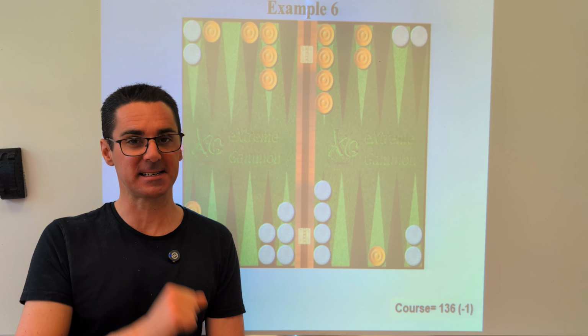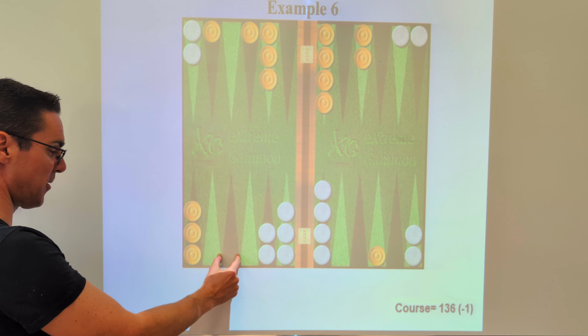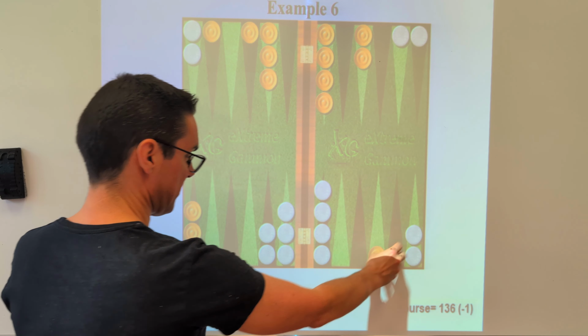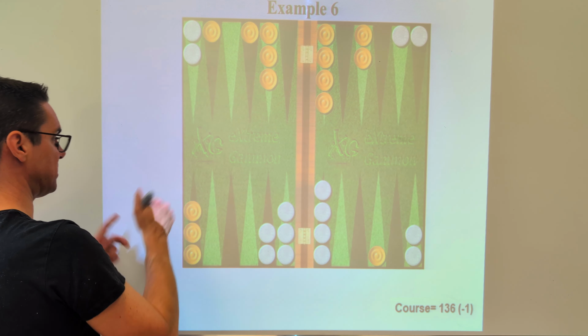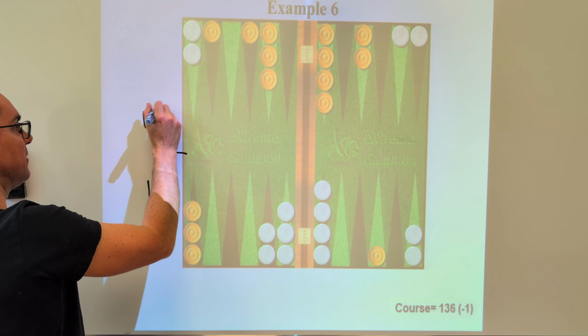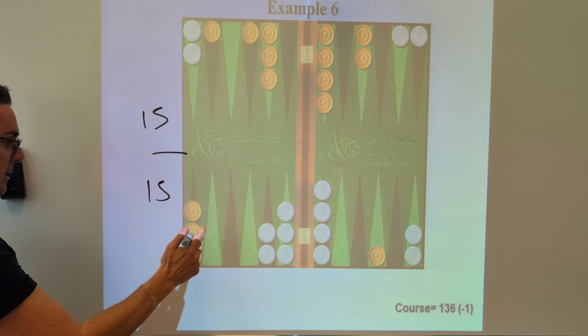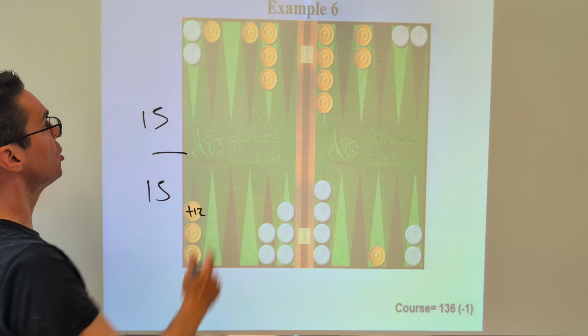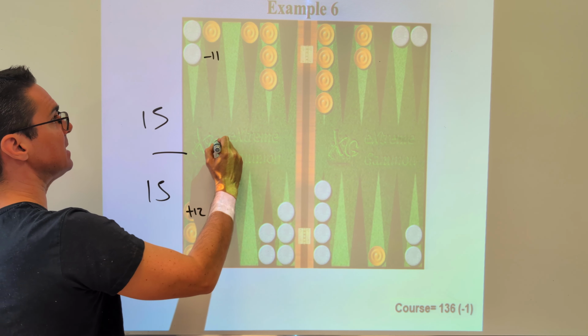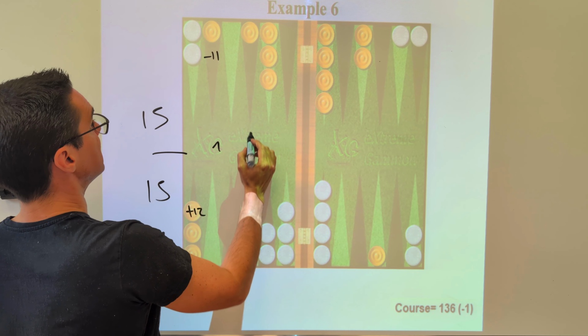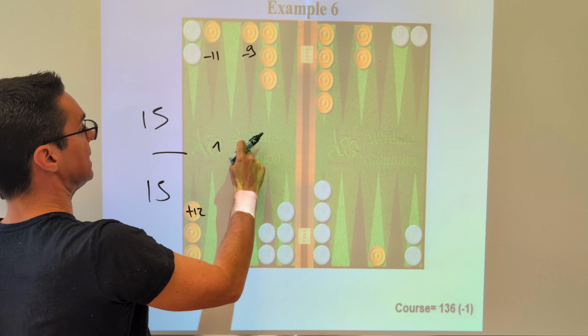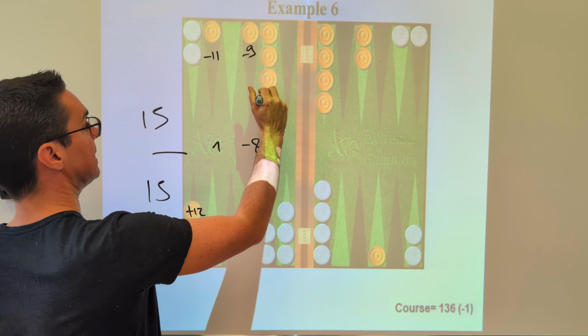Another example, but this time we don't write the number of the columns. You have first 5 checkers here, 5 checkers here, 5 checkers here. So you have 15 checkers and 15 checkers. This one is in excess, it's plus 12. Minus 11 is 1. Minus 9 is minus 8.